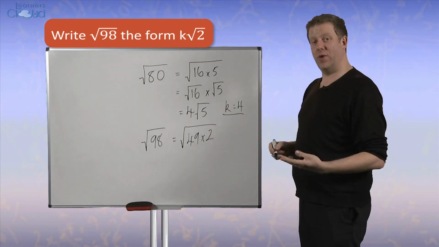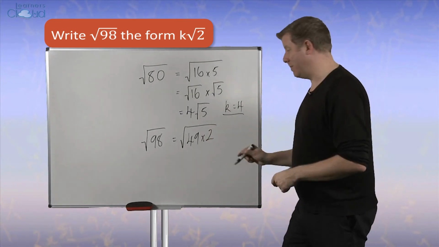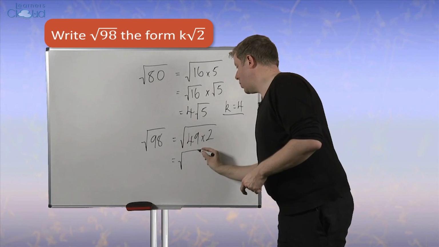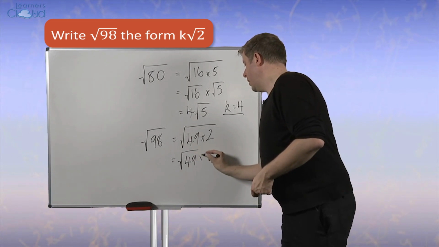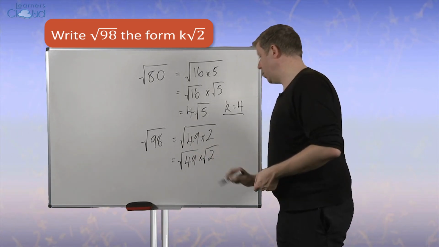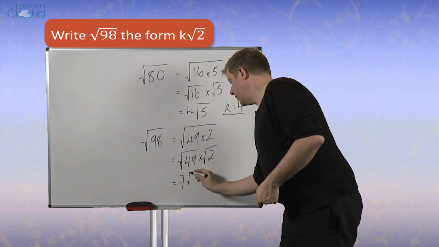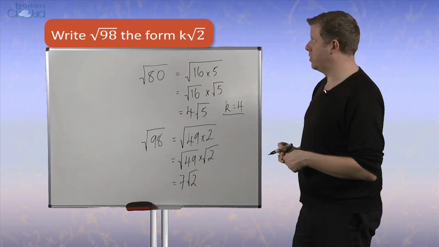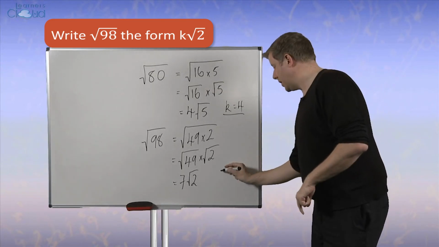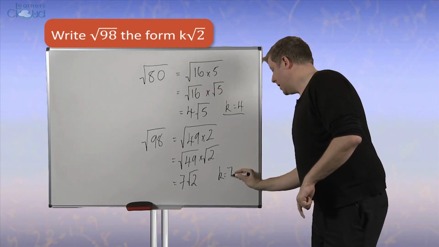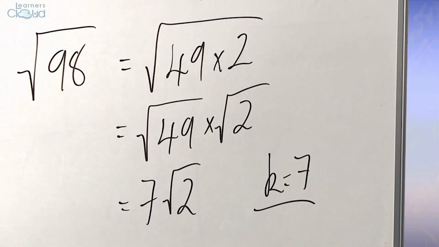So once we've rewritten it, we can then separate them out to give us the square root of 49 multiplied by the square root of 2, which gives us a final answer of 7 root 2. So in this particular question, k had a value of 7.